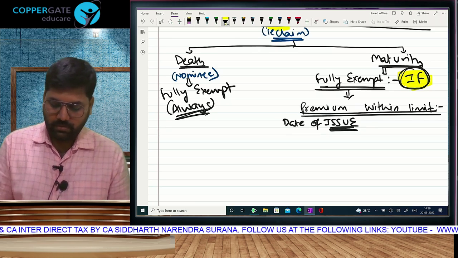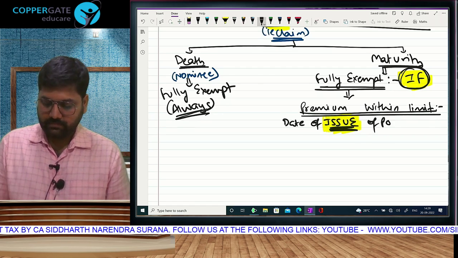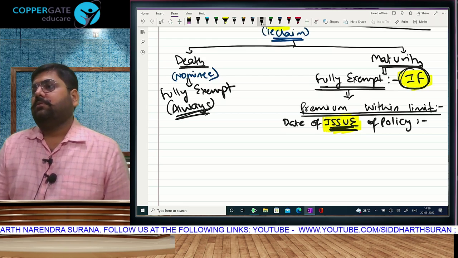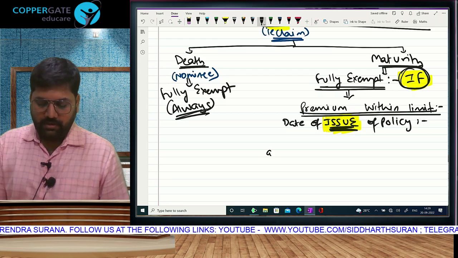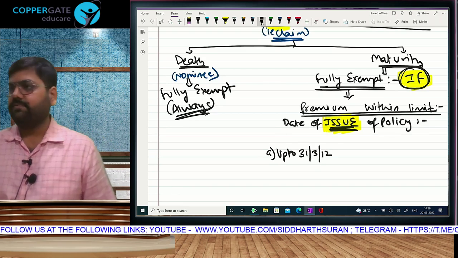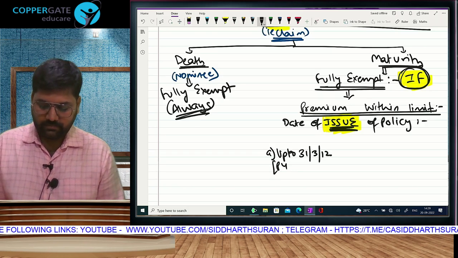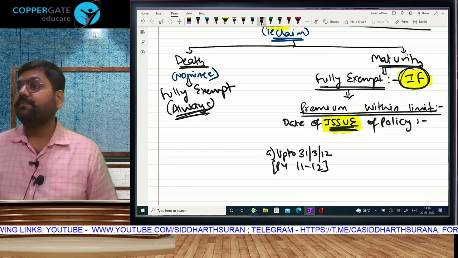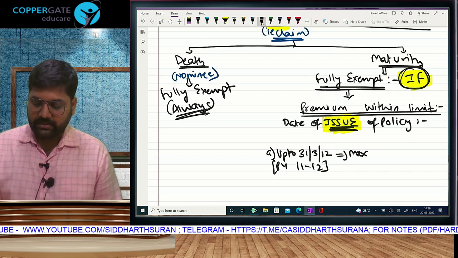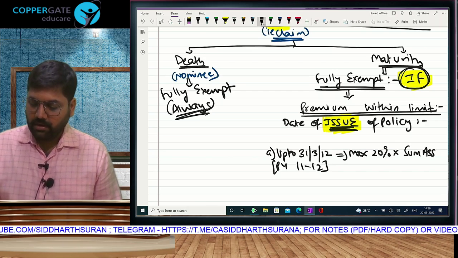issue of policy, the date of issue of policy. If your policy was taken up to 31st March 2012, that means, can I say, previous year 11-12, then the premium can be a maximum of 20% of sum assured.